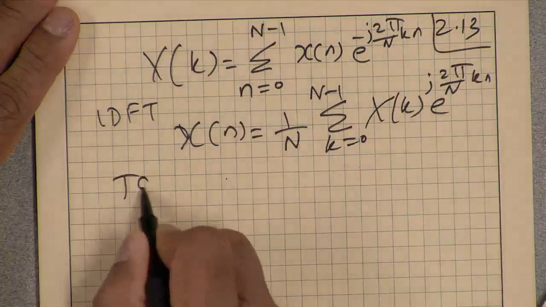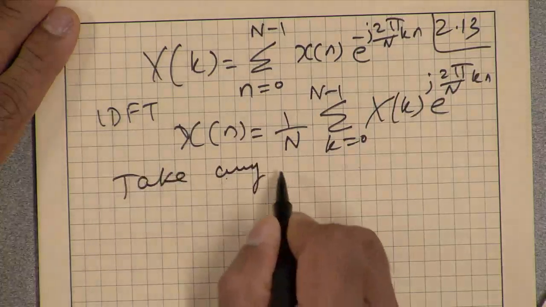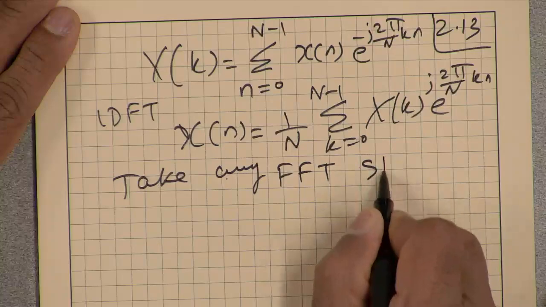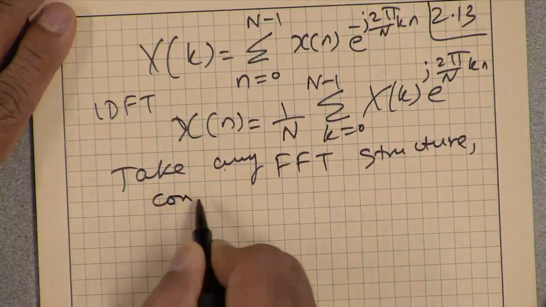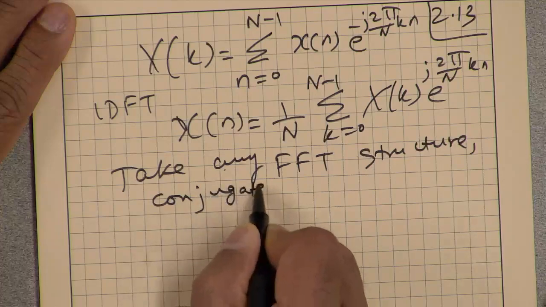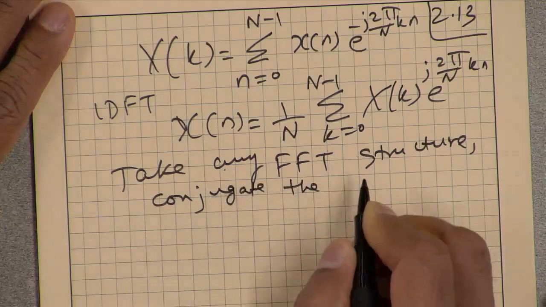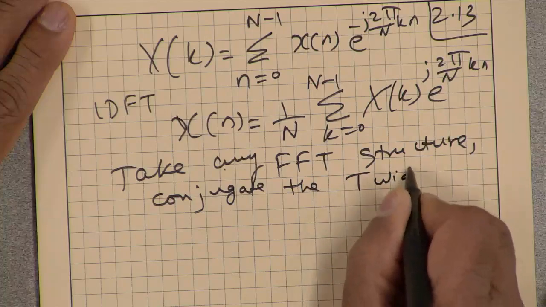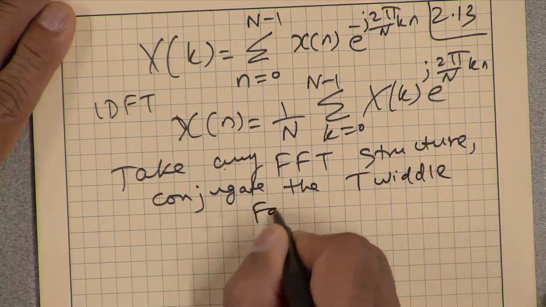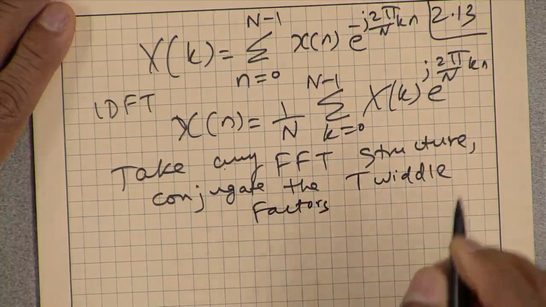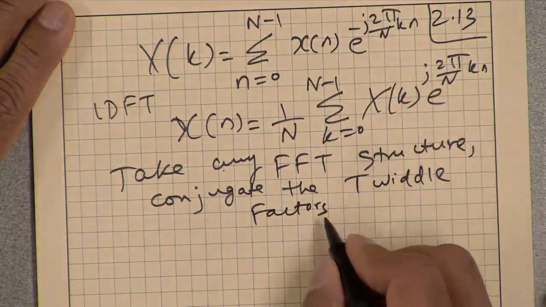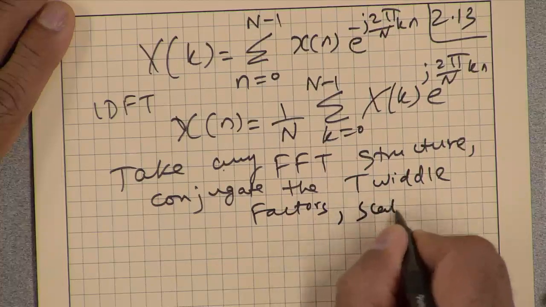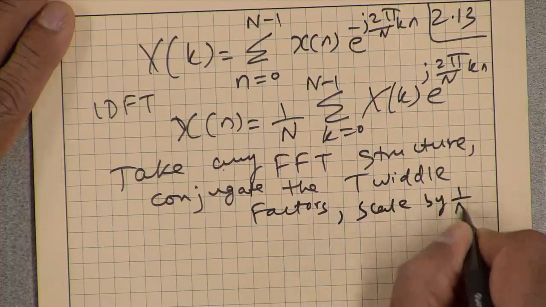Take any FFT structure, conjugate the twiddles. So conjugate these twiddle factors, whatever was minus, make it plus, and scale by 1 by N, and that becomes the IFFT.